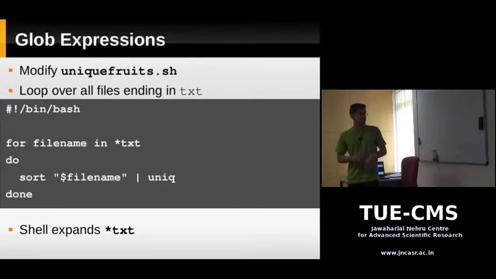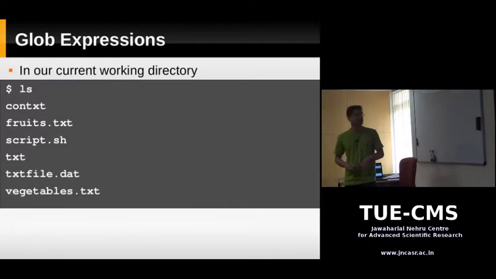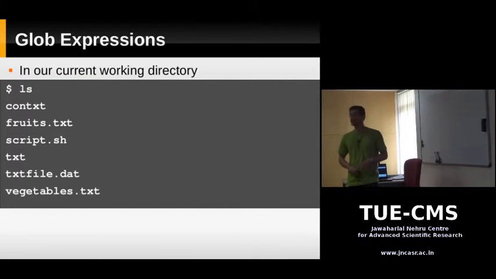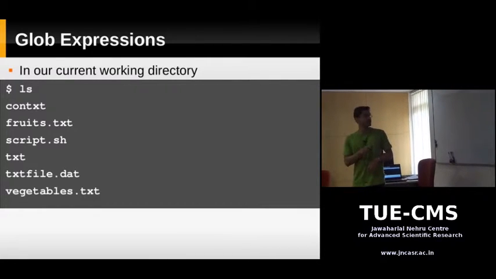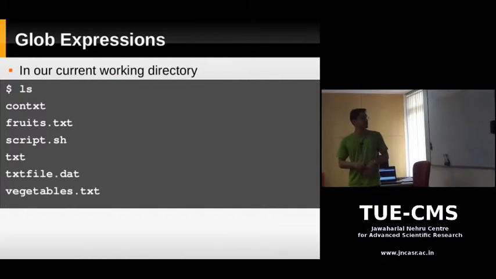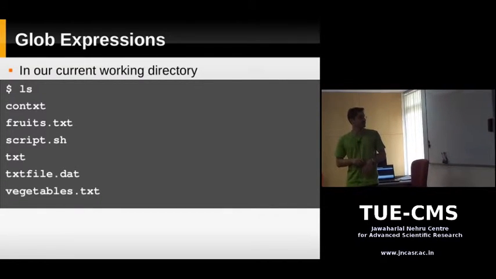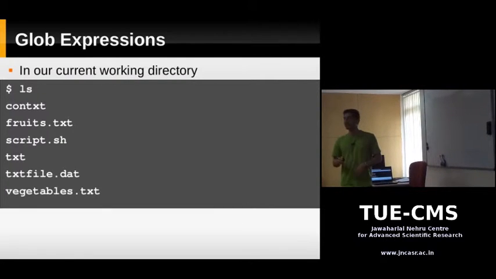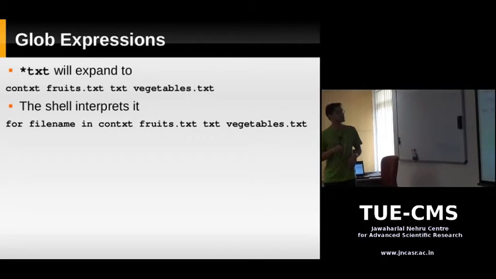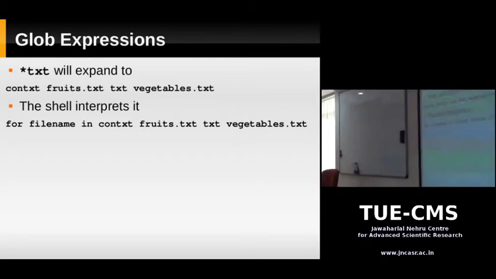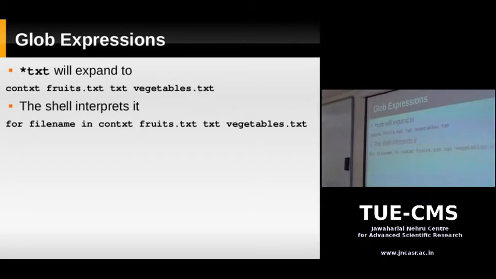So when you run this command, what does *txt expand to? Now suppose you type ls in your current working directory. Suppose you got these files, so you have this file containing fruit.txt, a file called just txt, textfile.dat. What would *.txt expand to? So this is what it would expand to, these files.